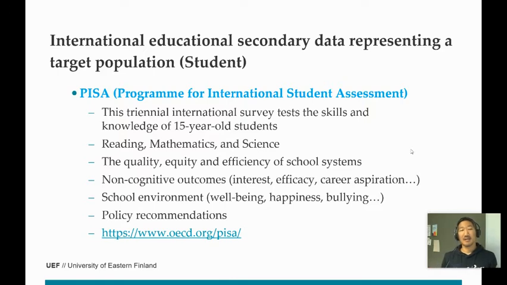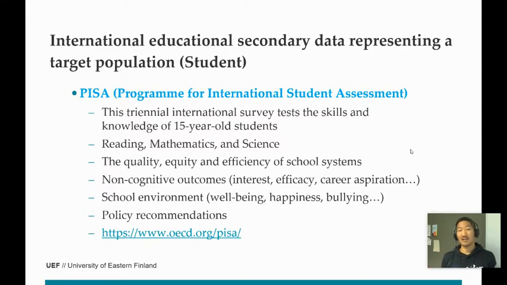But not only that, they also measure non-cognitive outcomes like interest in mathematics and science, or their efficacy, or their aspiration for future careers. But these days, they are more interested in student well-being at school, their happiness, and bullying experiences. So those kinds of data are there too.